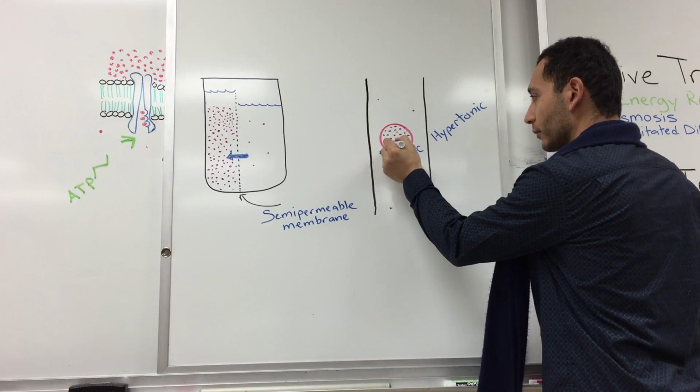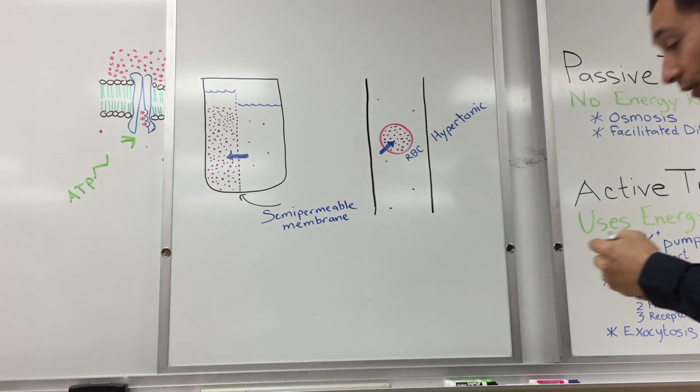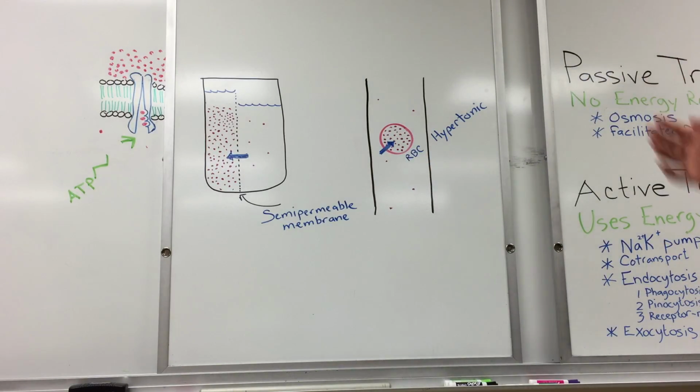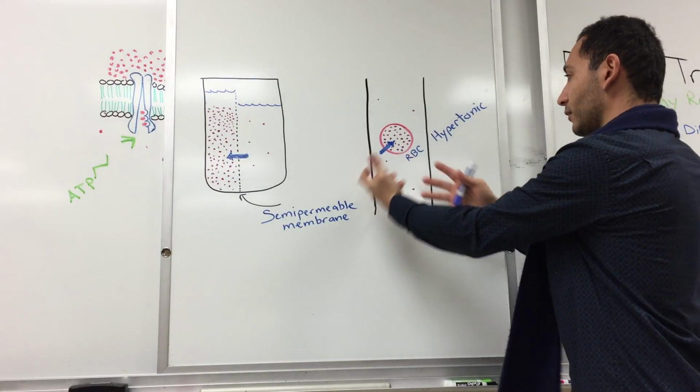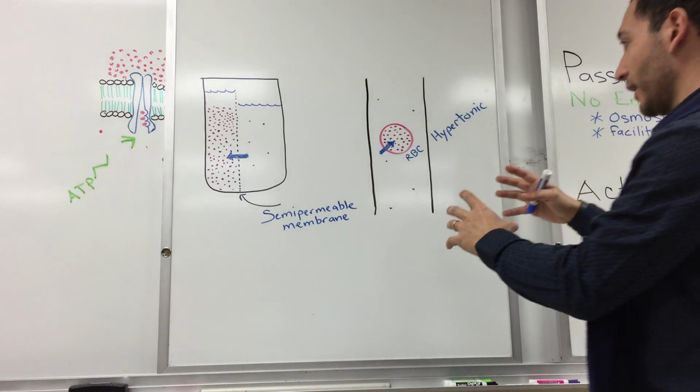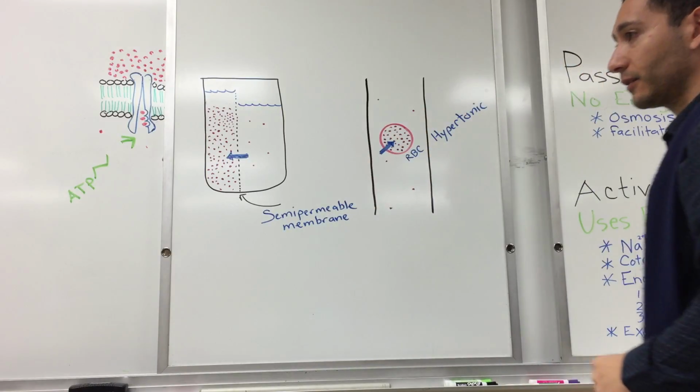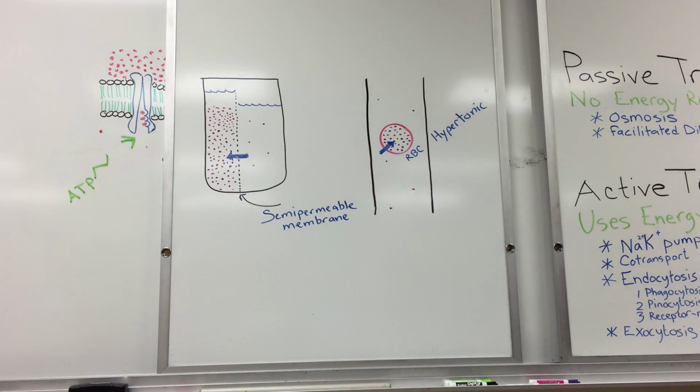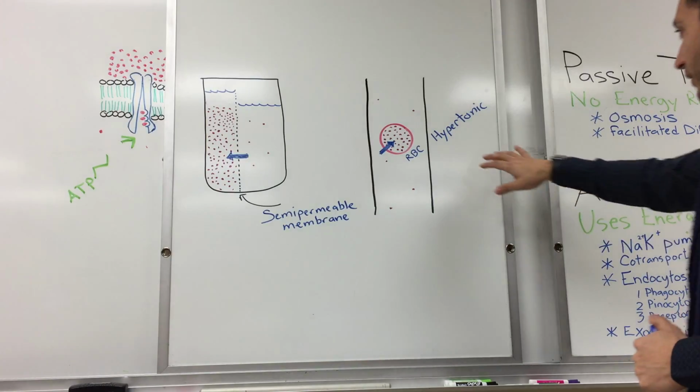And since the water moves in, the last question you would ask is, what happens to the cell? Does the cell swell up, or does it shrink? Well, if water is moving in, this thing will continue to swell up and might eventually lyse and break apart. So now we've talked about hypertonicity and hypotonicity.